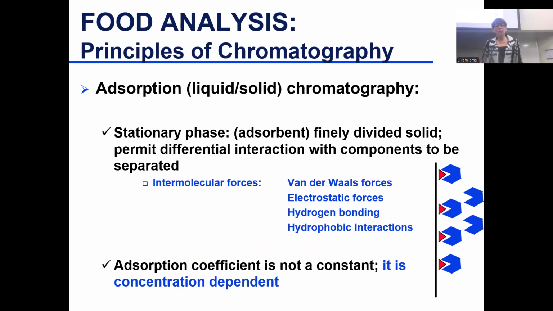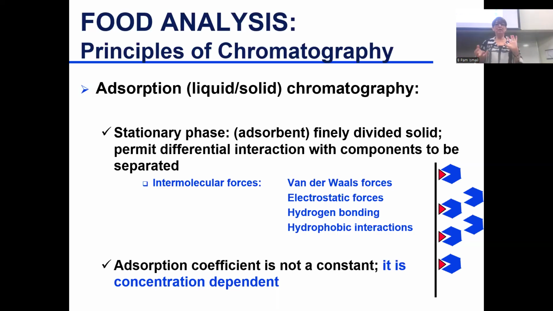So adsorption chromatography, this is basically your stationary phase is solid, and it's called adsorption because your components are going to adsorb, not dissolve in. In partition chromatography, you have dissolving in the stationary phase and partitioning and dissolving in the mobile phase. But here, adsorption is interaction by adsorption on your solid stationary phase.